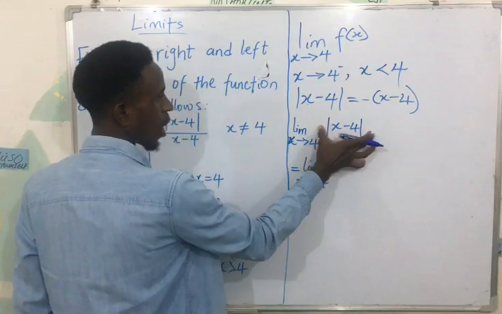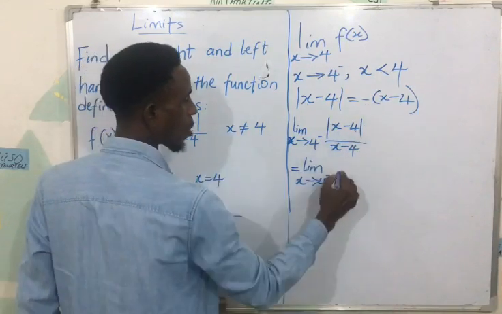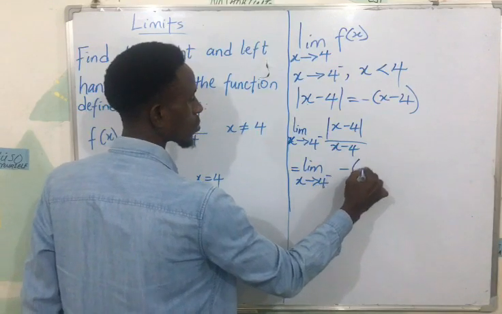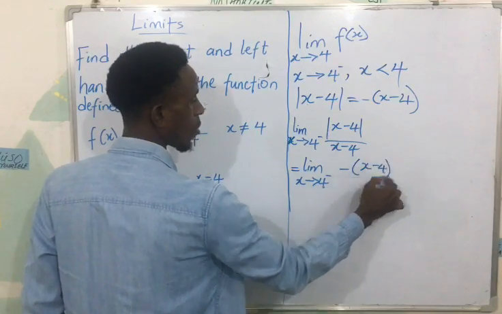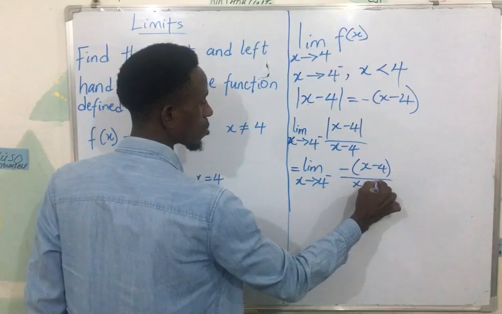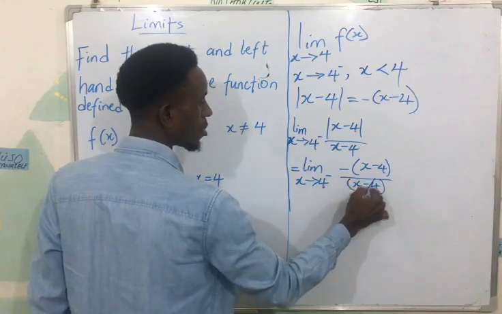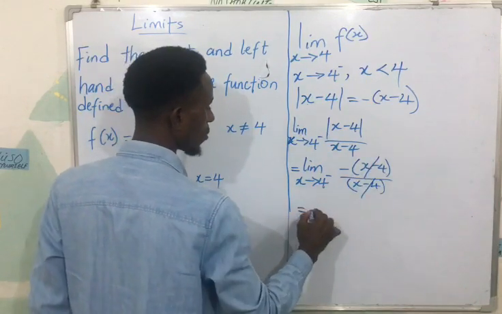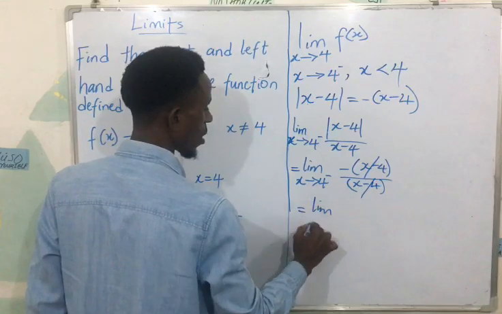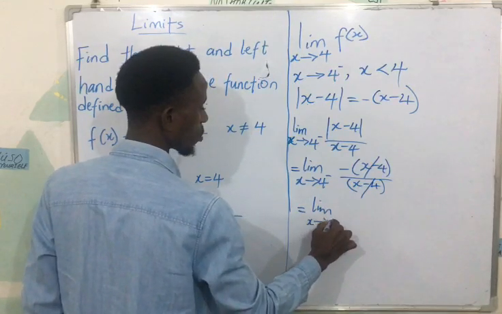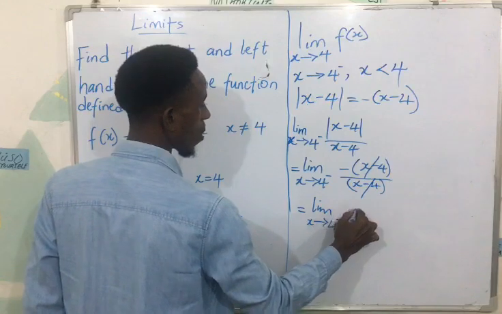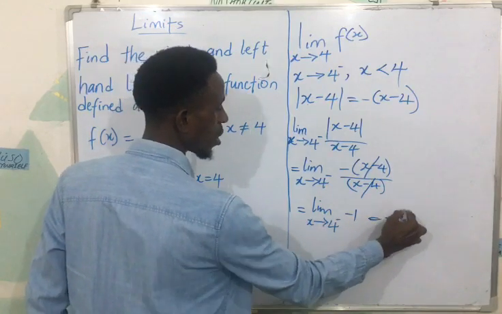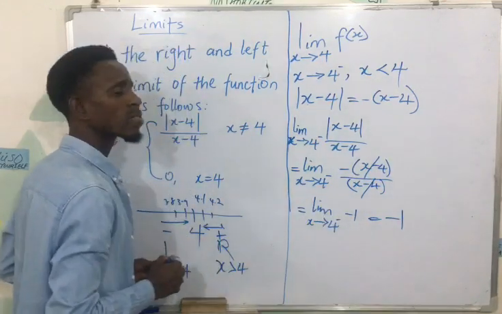Now the absolute value of x minus 4, look at what I have here. So I'll put minus of x minus 4 over x minus 4. So this and this will go. I'm going to have the limit as x approaches 4 minus of minus 1, which is going to give me minus 1. So that's my left hand limit.